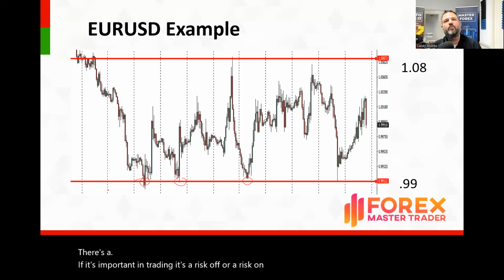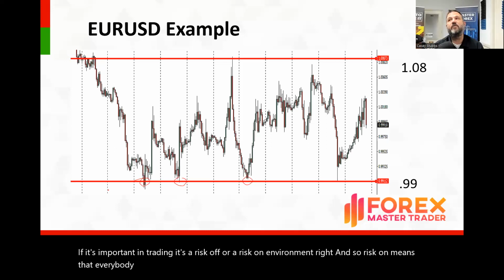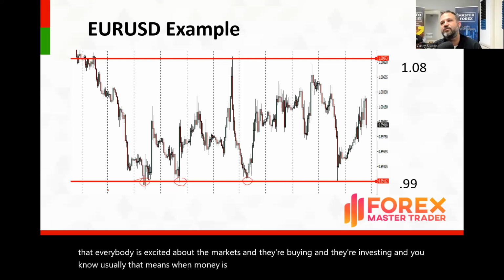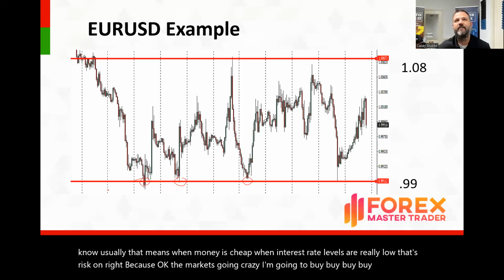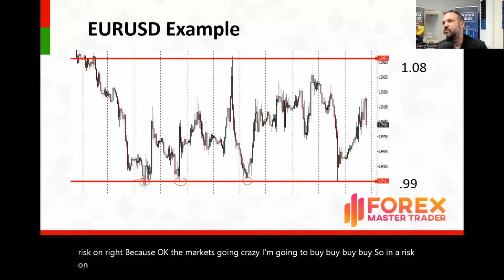Risk on means that everybody is excited about the markets and they're buying and investing. Usually that means when money is cheap, when interest levels are really low, that's risk on, right? Because, okay, the market's going crazy, I'm going to buy. So in a risk on environment, that's the current trend.